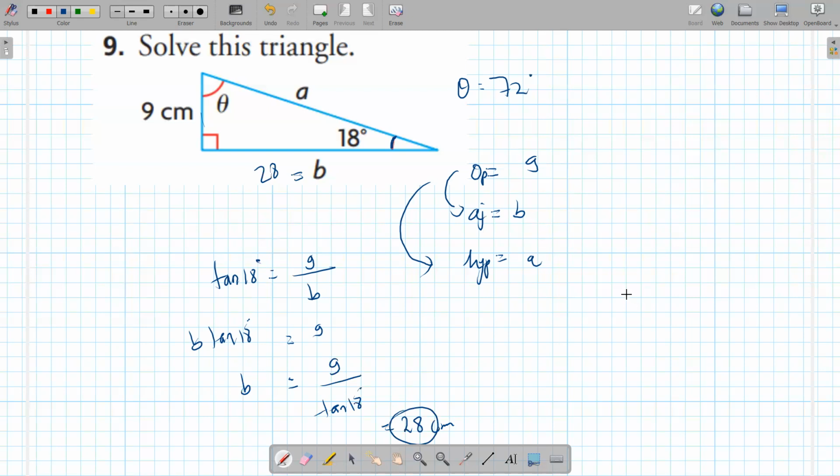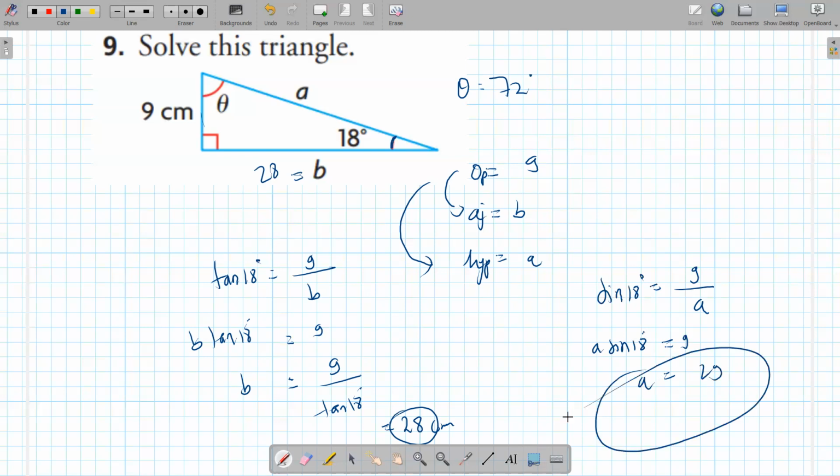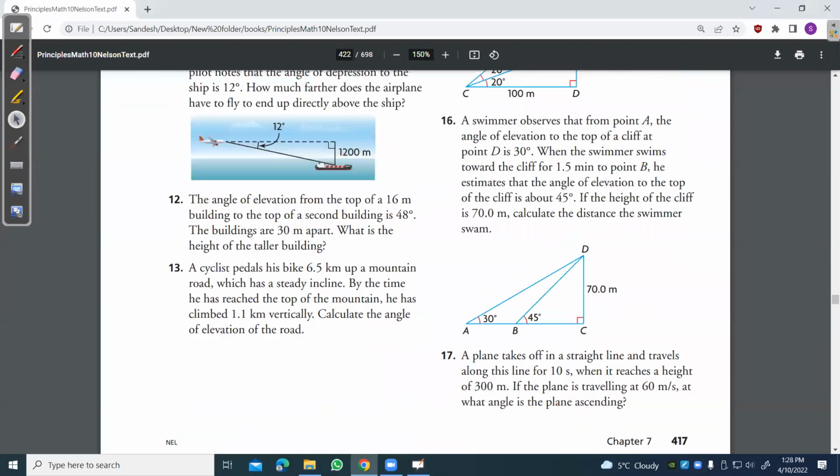All right, let's use sine. So sine 18 is equal to 9 over the hypotenuse, which for us is A. You multiply by A first. Yes, A times sine 18 equals 9, and then you divide by sine 18. Right, so 9 divided by sine 18, so A is 29, and we are done. Simple as that.